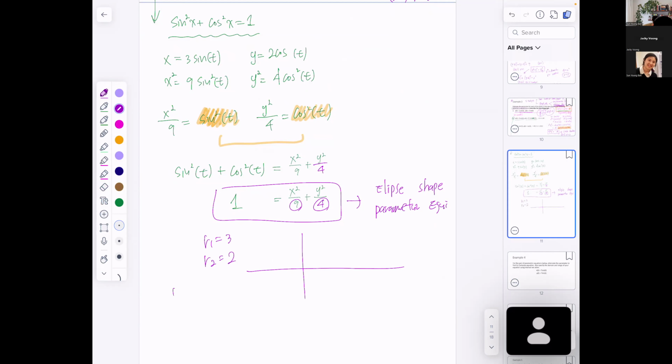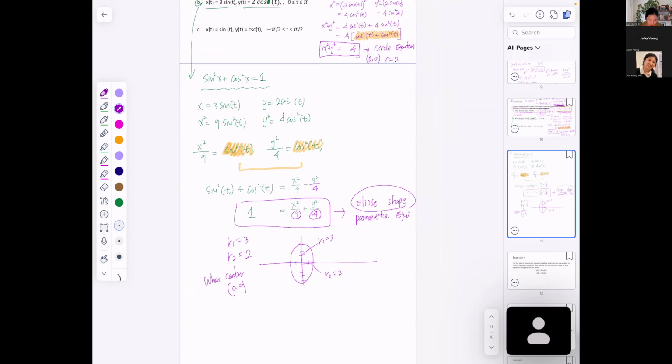The center is 0, 0, because there's no a and b, just x squared and y squared, that's it. So one radius is 3, another radius equal to 2. This is an ellipse shape, so that's the ellipse equation, if you remember. So that's the answer.